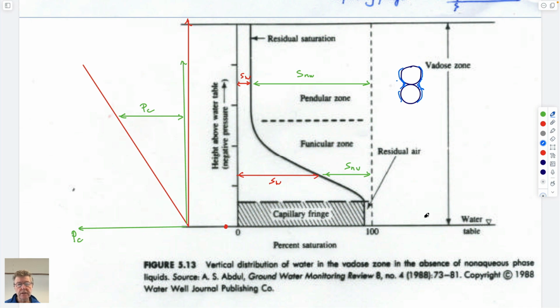As opposed to in this lower zone, if I draw the same figure, the saturation is funicular, if I can draw it. I'm not going to do it.